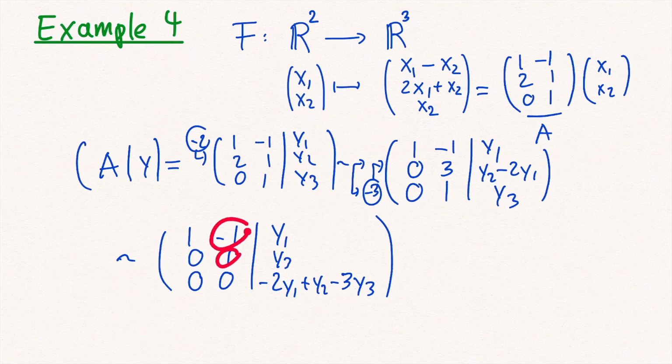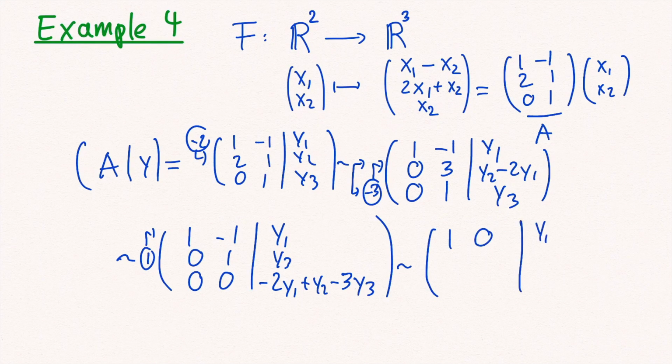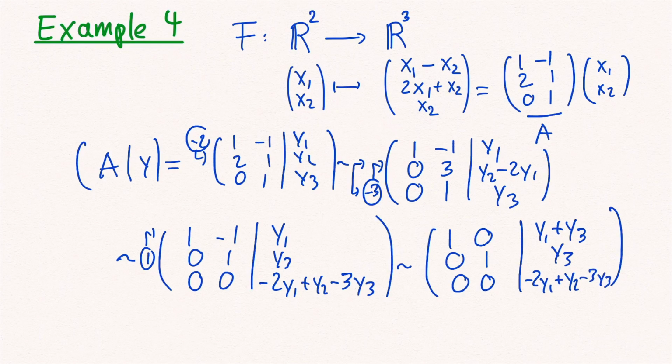And to bring it in row echelon form, we could now also add this here 1 times to there. So here we have 0 there. And here y1 plus y3. 0, 1, y3. And here it's still the same. Minus 2 times y1 plus y2 minus 3 times y3.